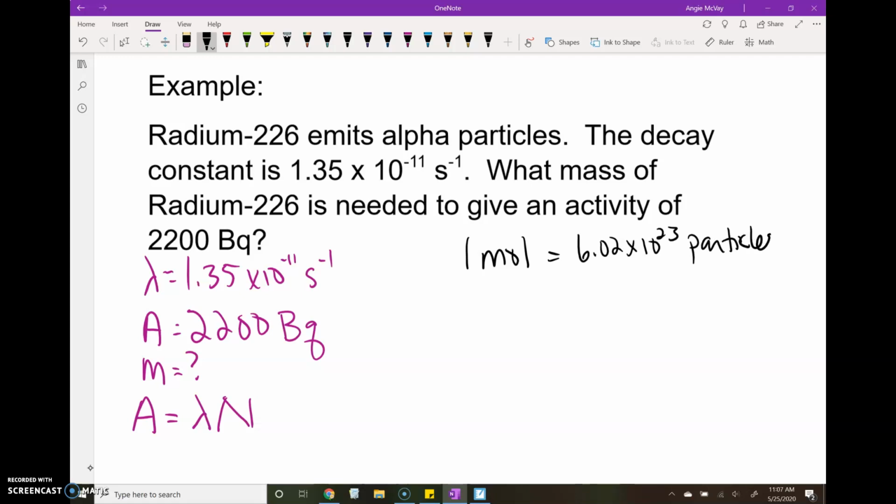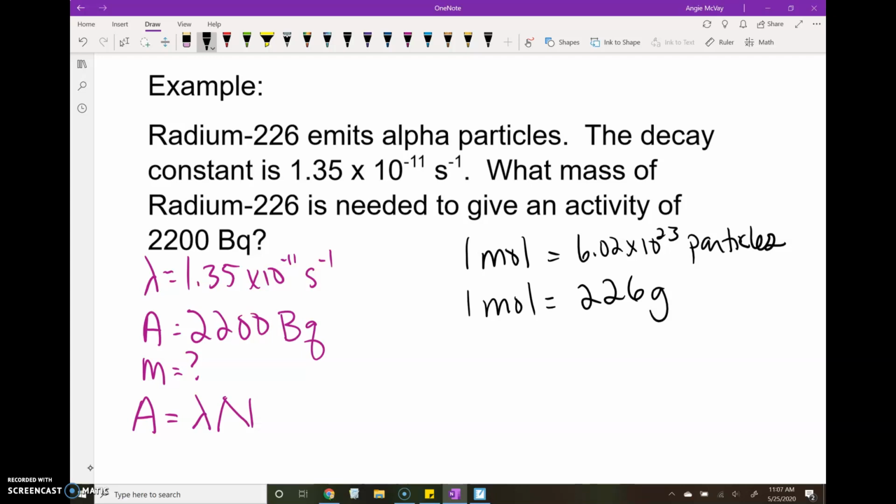And then for radium-226, that means 1 mole is equal to 226 grams.